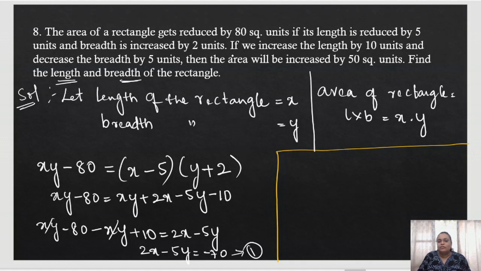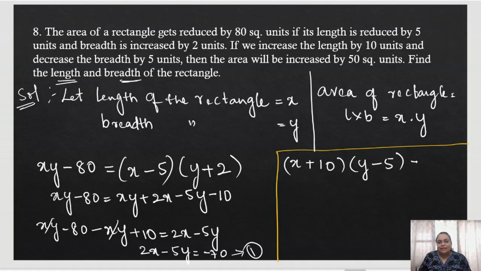Now see the question. If we increase the length by 10 units, what is the length here? Length is x, so increasing it by 10 units gives x plus 10, and decreasing the breadth by 5 units gives y minus 5.